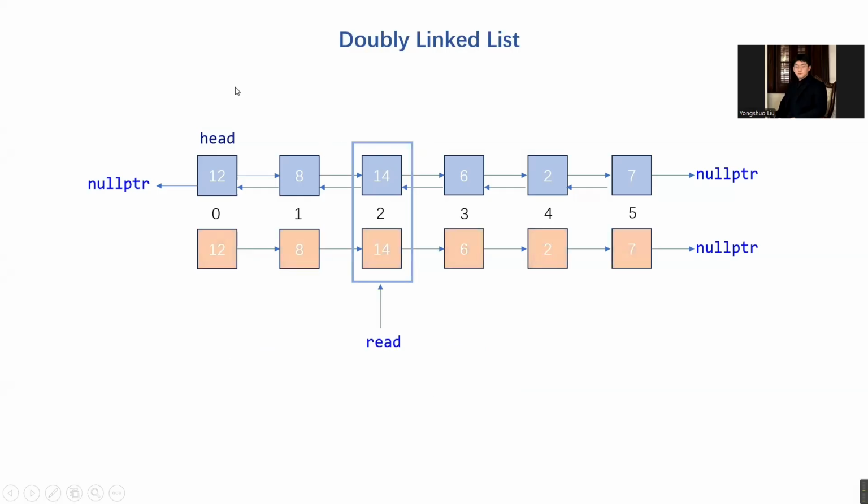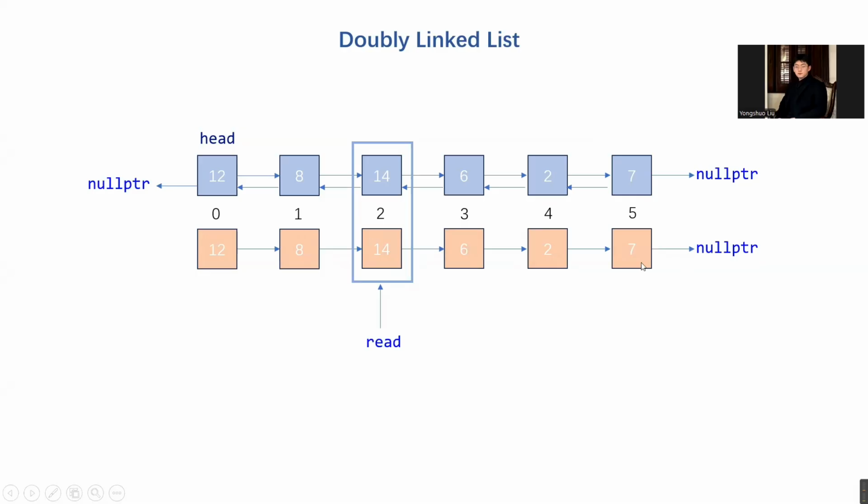Imagine we traverse from the head to the tail, from this one to this one. When we traverse in this step, we traverse the number 2. If we want to also access the previous node, for example, we access the 14, but we also want to access the previous node.